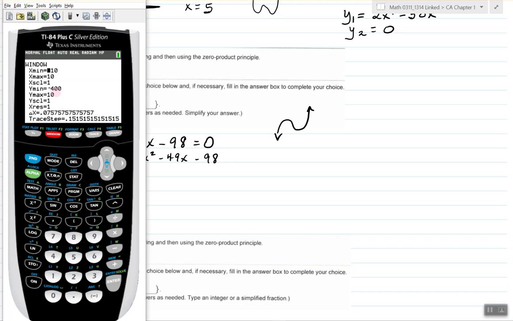All right, so I am in this window with this minus 400. I think I will do a zoom 6. Zoom 6 sets you back to the standard -10 to 10, -10 to 10. Now I don't know that I'm going to like this window, but I like to start with this window.